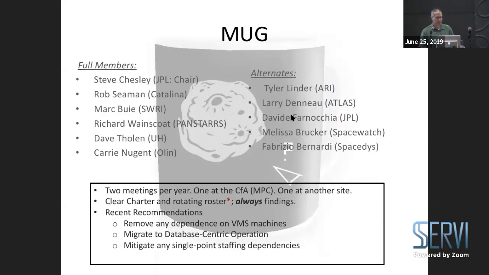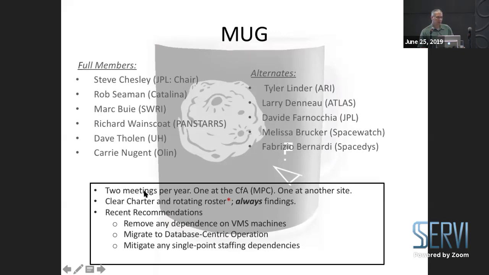So just as how the MUG functions, right now there are 11 total members. There are 6 full members, and then a roster of alternates. These are very skilled users, generally associated with specialties or surveys in particular, or orbit solution people, dynamicists as well.